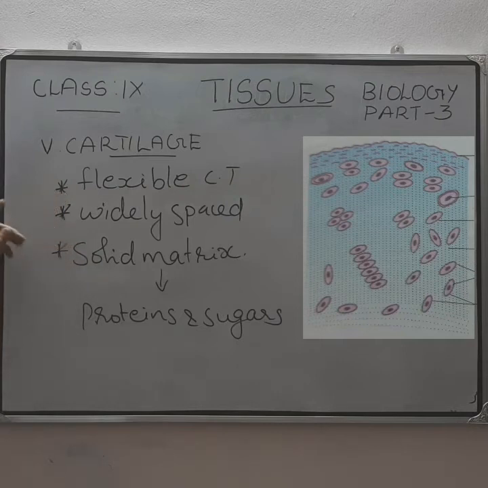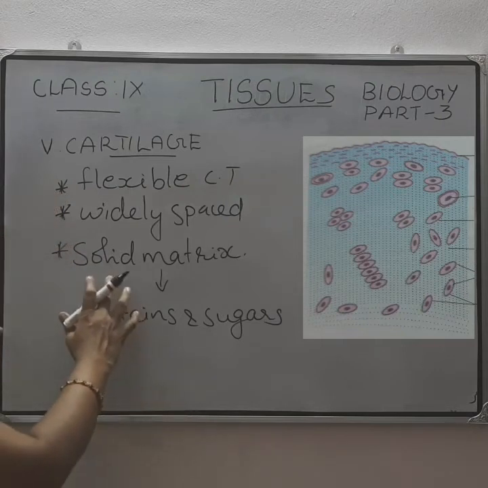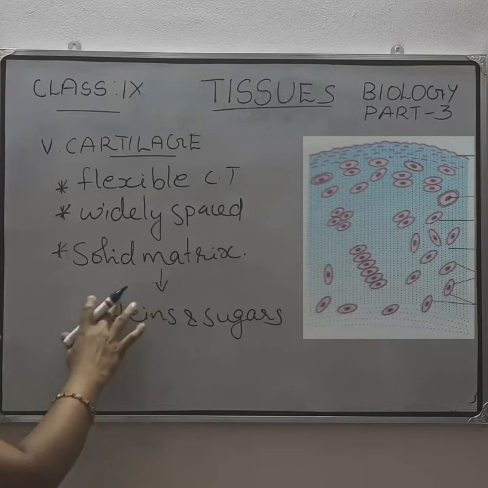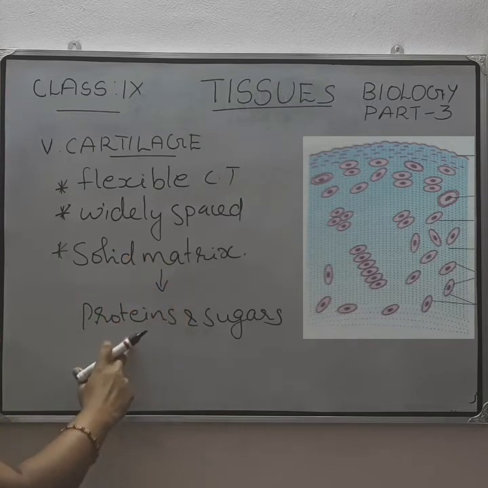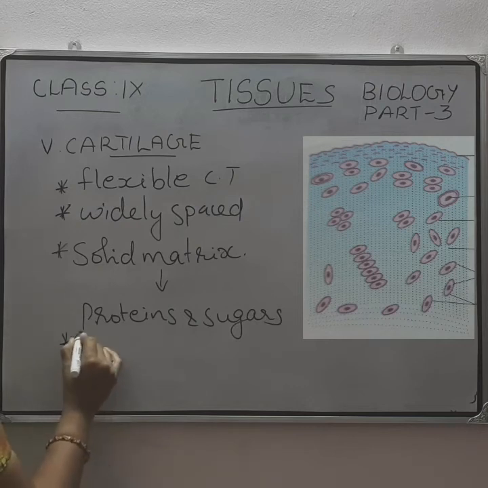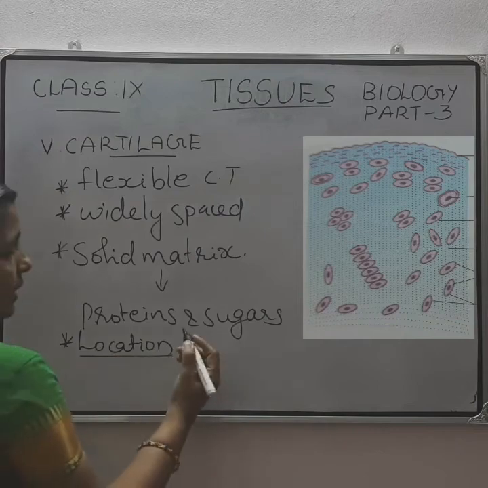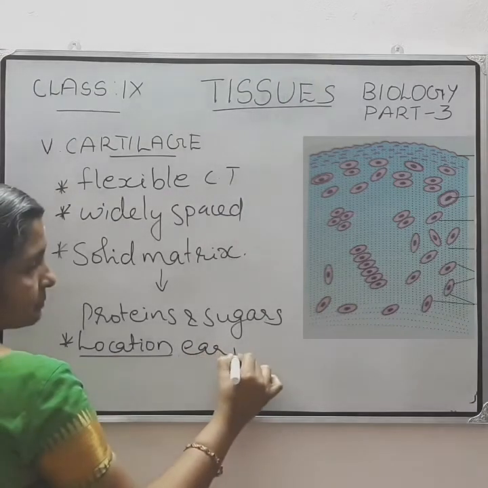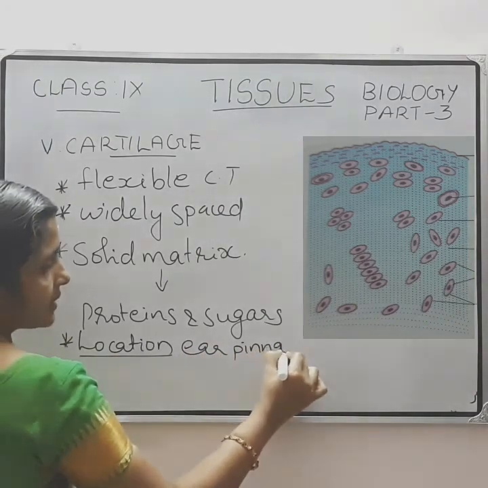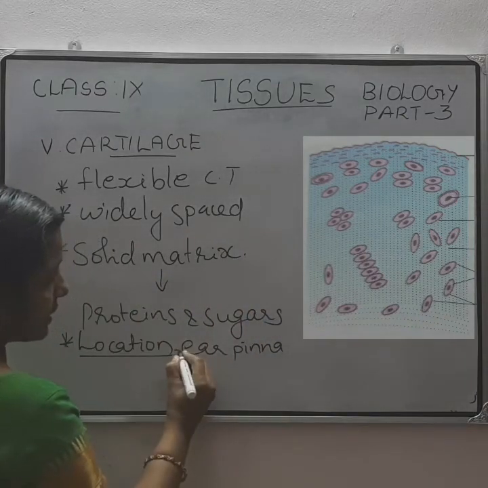That is, cells are loosely packed in, and the matrix is solid in nature, and that matrix is composed of proteins and sugars. Then its location, where it is present: at the ear pinna. You know that this region is the ear pinna.